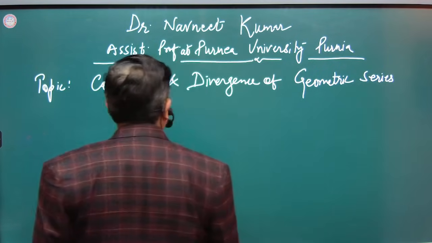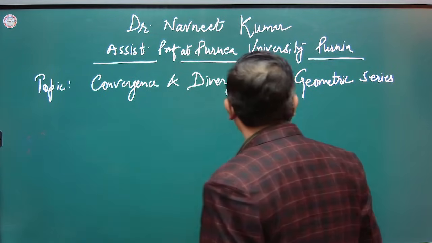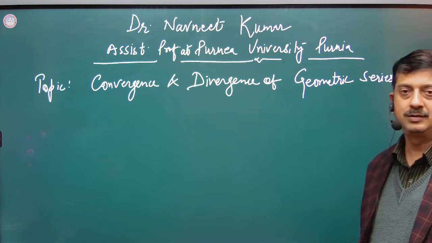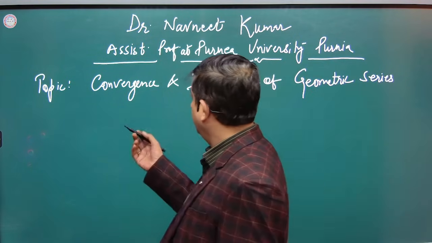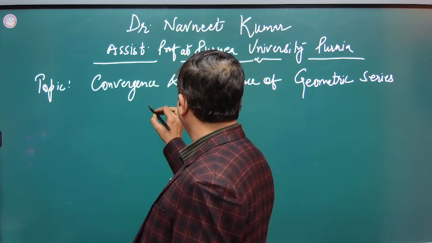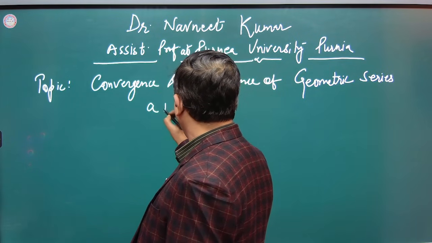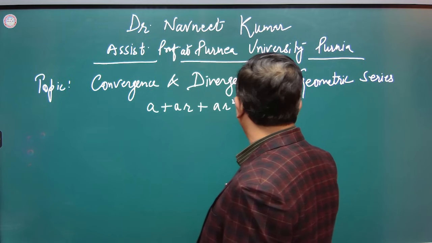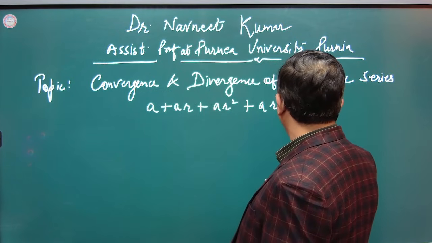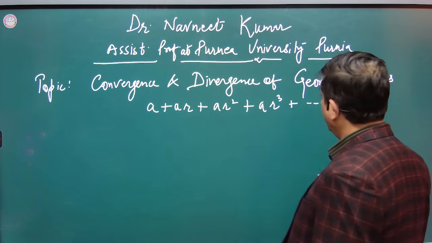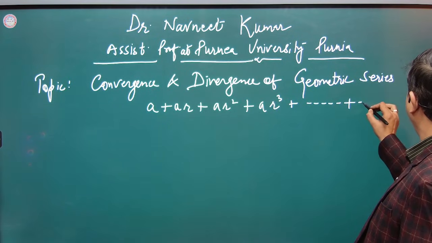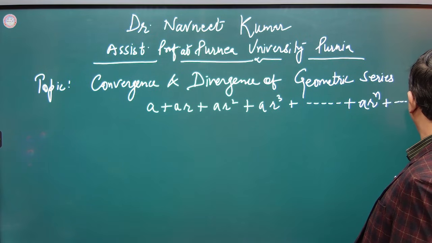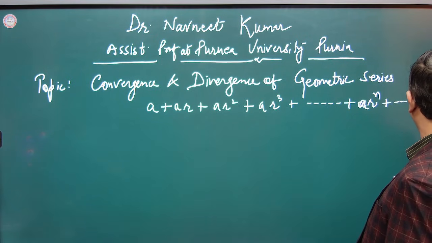Now, firstly, you have to understand very clearly about geometric series. So, what is a geometric series? Let us take a geometric series as a plus ar plus ar square plus ar cube plus so on, plus ar to the power n, plus to infinity terms.